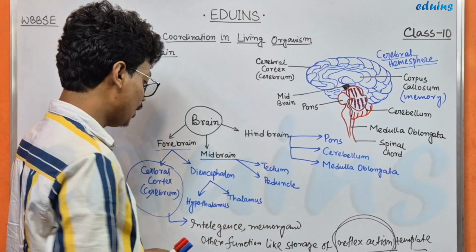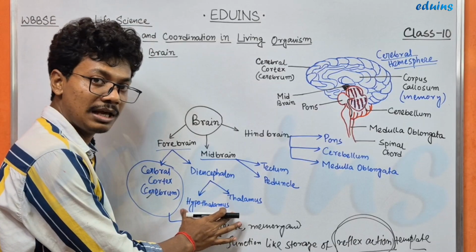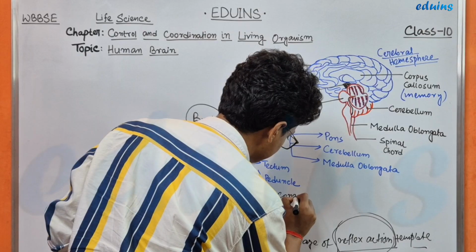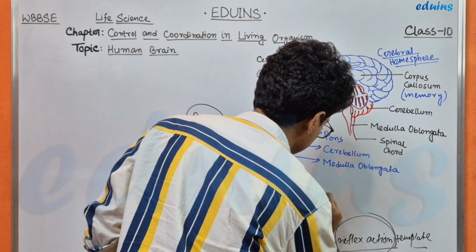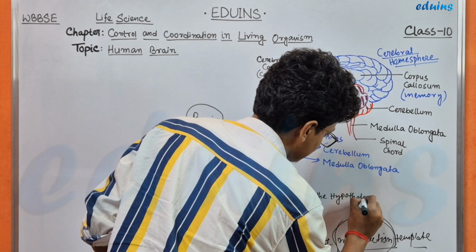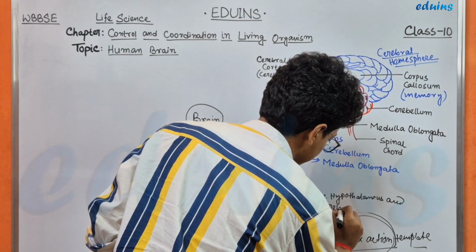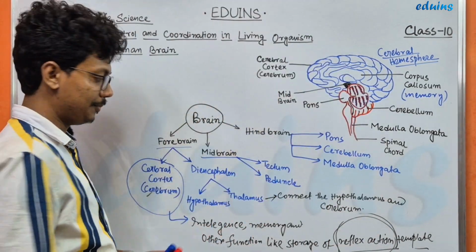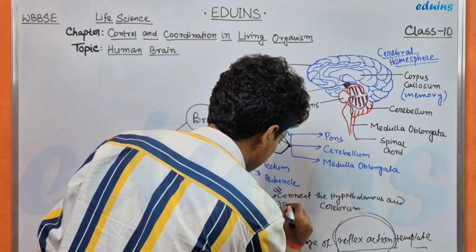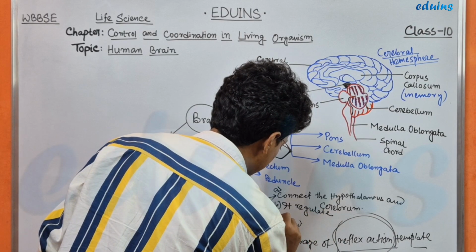Next, the diencephalon, which is composed of two parts, hypothalamus and thalamus. Thalamus connects the hypothalamus and cerebrum. Number one. And number two, it regulates the relay action.